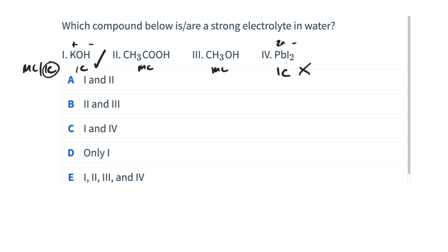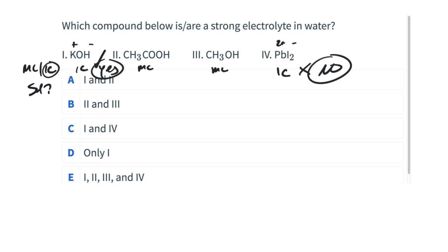For ionic compounds, it's important for us to think about water solubility. So yes for KOH, water soluble, and no for the PbI2, because the PbI2 is a solid, not dissolved in water. So PbI2 is not any kind of electrolyte in water because it's not in water. It's not applicable to give it a term for a solute when it's not a solute. It's not in the solution at all, it's insoluble.